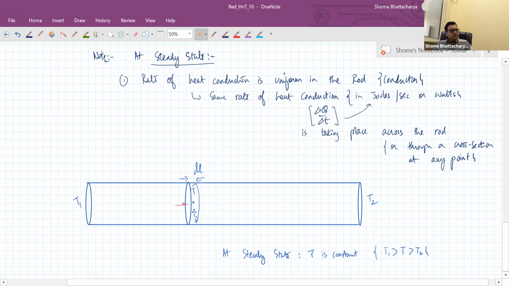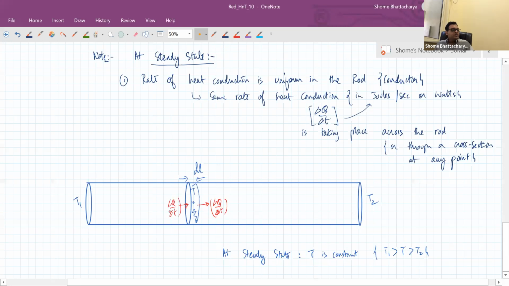The rate of heat coming in from this side must be equal to the rate of heat going out from this side. Okay. Because it's in thermal equilibrium, its temperature is not changing.